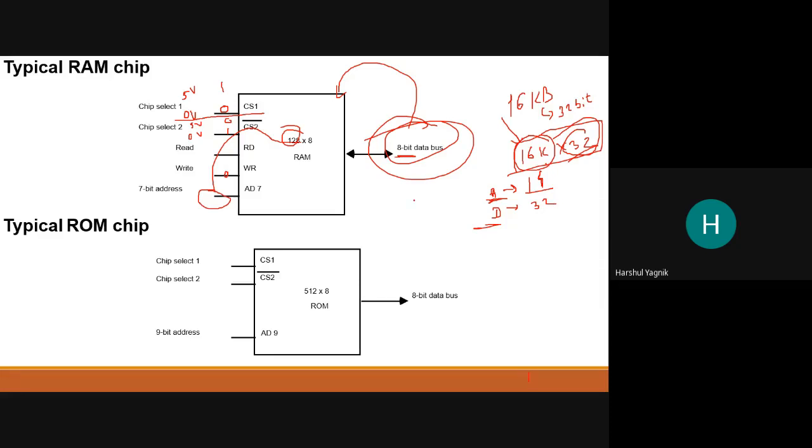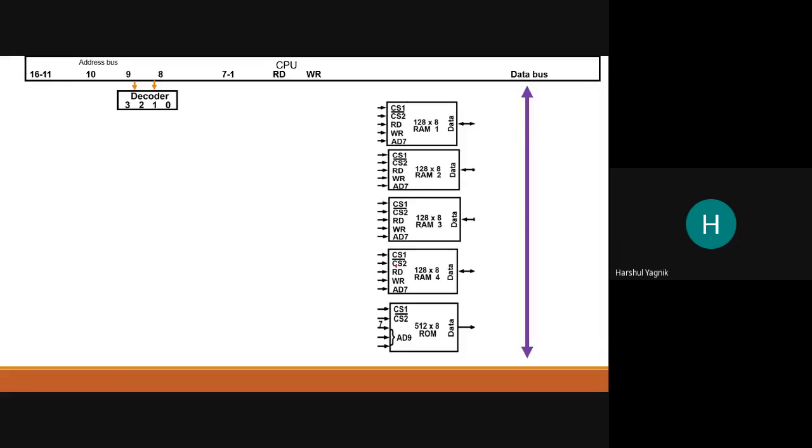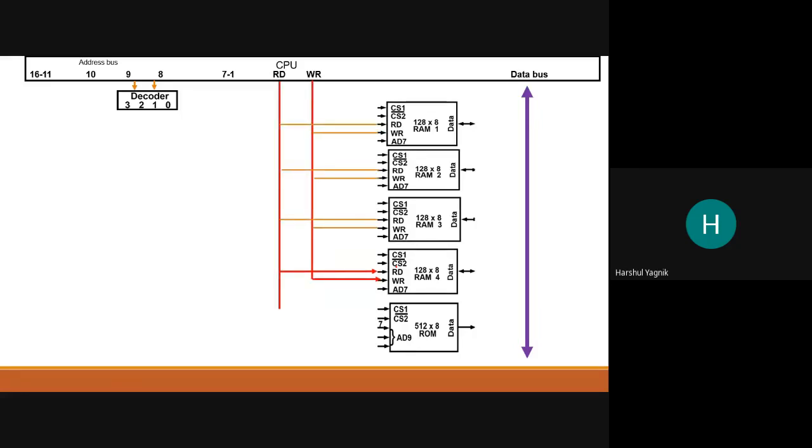Then in a typical ROM, chip selects are there, address bus is there, and data bus is there. Now you see how memory connections can be made with the CPU.